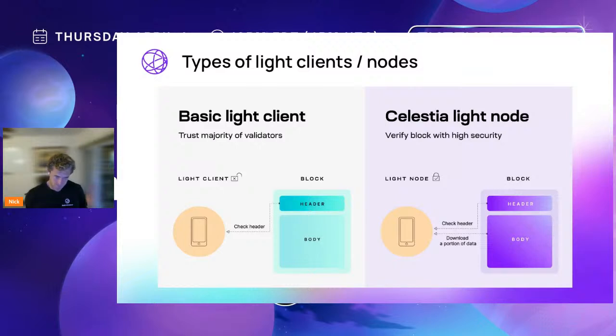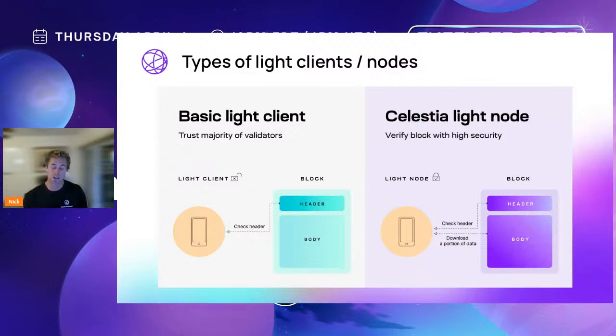And a light node is something where you don't actually have to make that trust assumption. You are actually verifying the chain more or less directly. It's not the same security as a full node, but it's essentially the same. And so you're not just checking the header of the chain, you're also sampling the data behind it to make sure it's available.